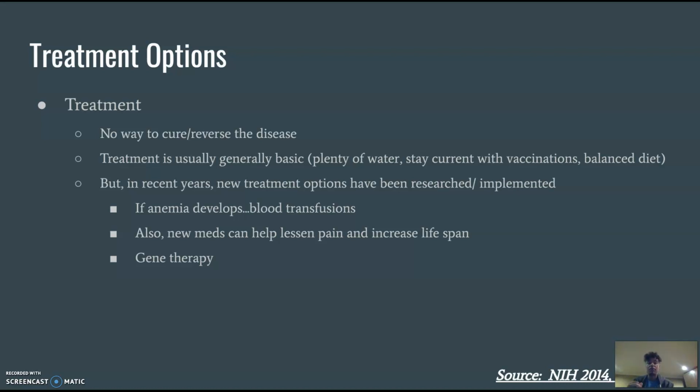Also, there's a new medication called hydroxyurea that can help lessen pain, reduce clotting, and increase lifespan, and that's looking very promising. And also there's gene therapy, which uses stem cells to put new copies of the damaged HBB gene into the patient so that they make the protein correctly, and you don't have that impaired hemoglobin. You have normal hemoglobin production.